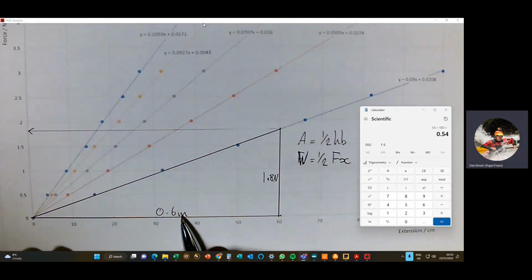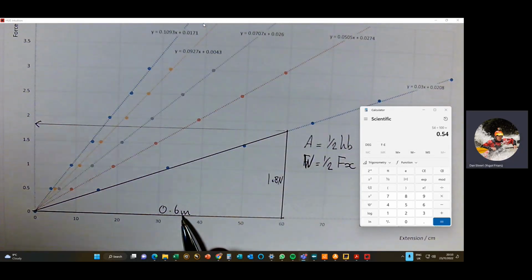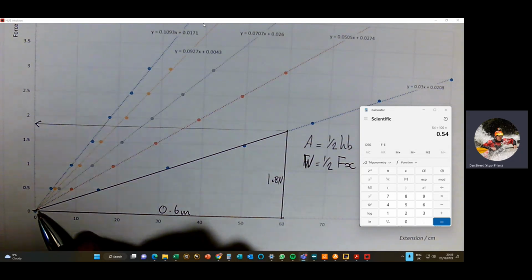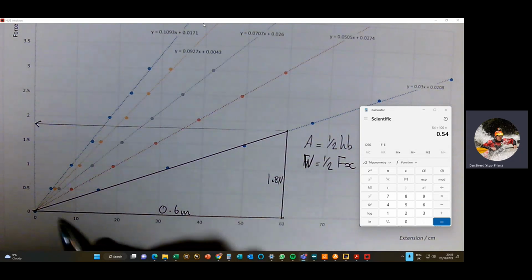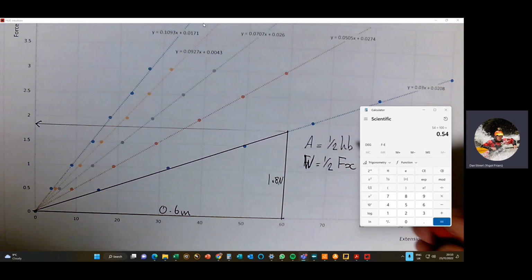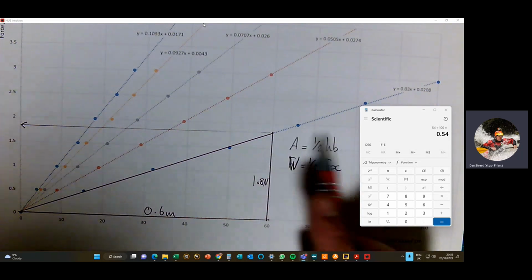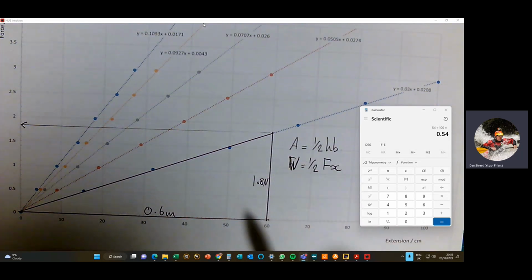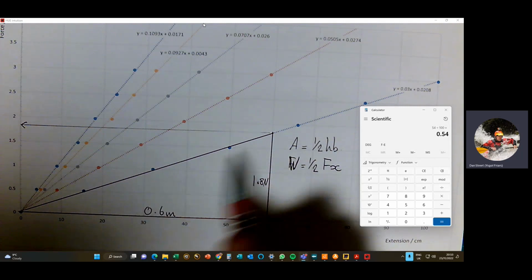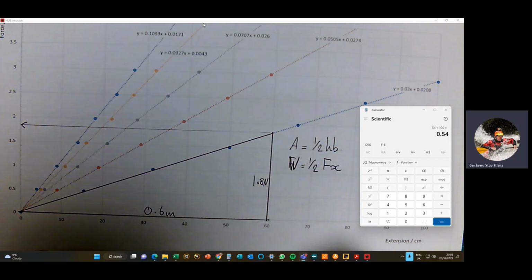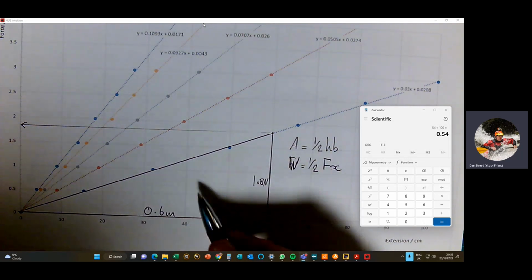And again, as if we were comparing this to a maths equation, this is the base of the triangle. So x is equivalent to the base. So all we're doing with this formula is applying that formula there, which you're familiar with in maths, to find the area of this triangle. So the area of the triangle is the work done.